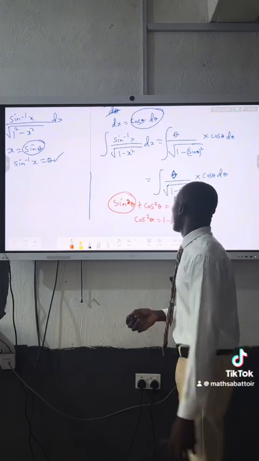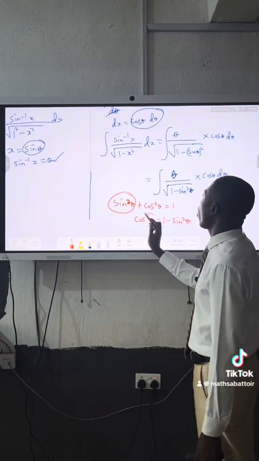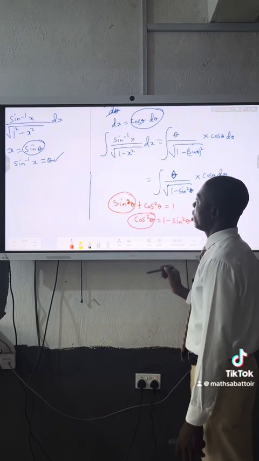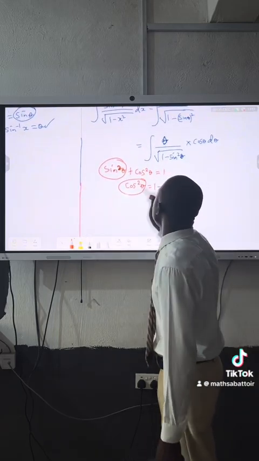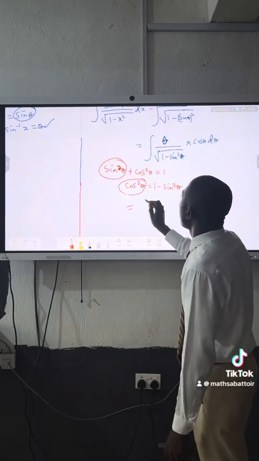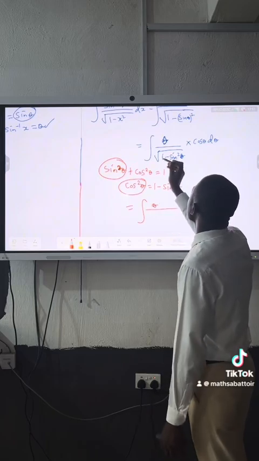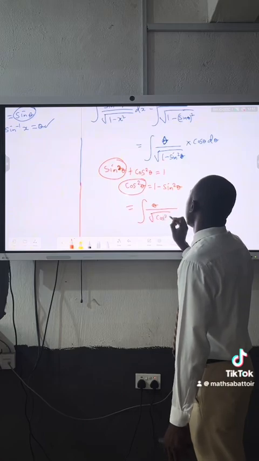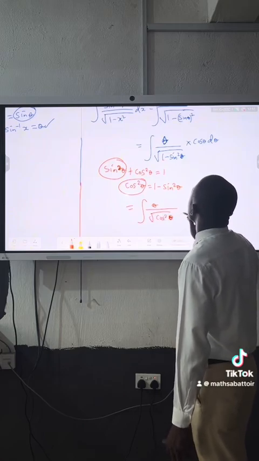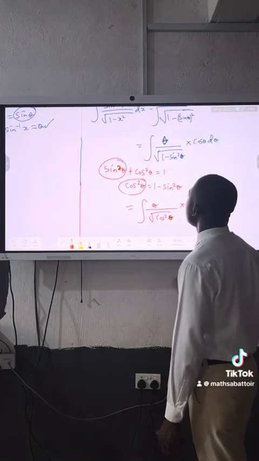Is that okay? All right, so when we have this, we can plug this one in for it. So everything becomes the integral of theta all over, this one minus this one, which gives us the square root of cos squared theta, then multiplied by cos theta d theta.